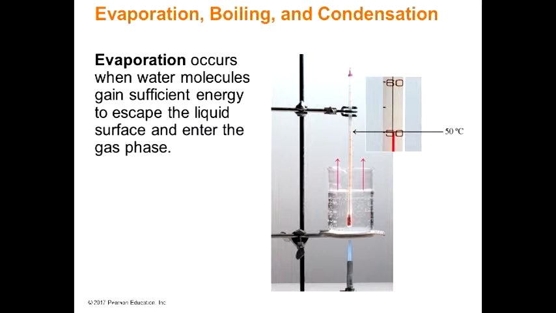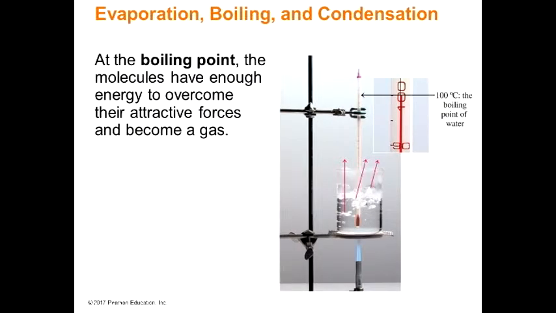That's called evaporation. We call it the boiling point. The energy overcomes the attractive forces and goes into gas phase, and each liquid has a different boiling point. They're not the same. Nail polish remover has a different vapor pressure, a different boiling point than water, and it's lower than water in its boiling point, but higher in its vapor pressure. The general rule of thumb is vapor pressure and boiling points are opposite.